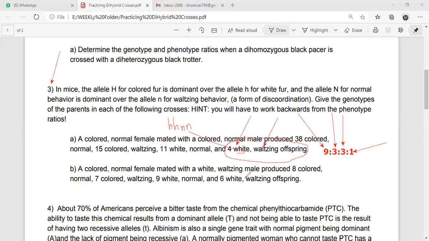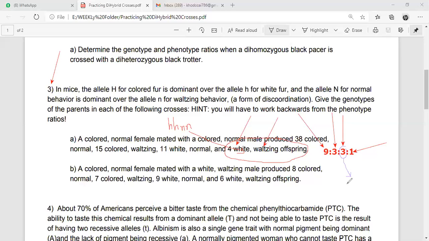These are their genotypes. Now for the other 3, what will be the genotypes? One set of 3 is colored and waltzing, and the other is white and normal. If they are white and normal, what will be their genotype?